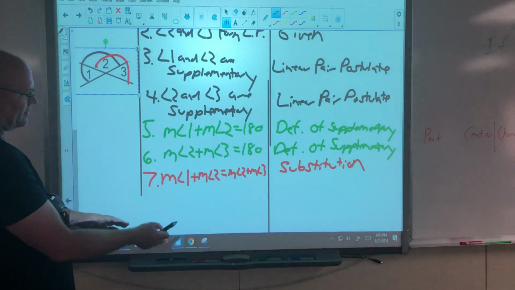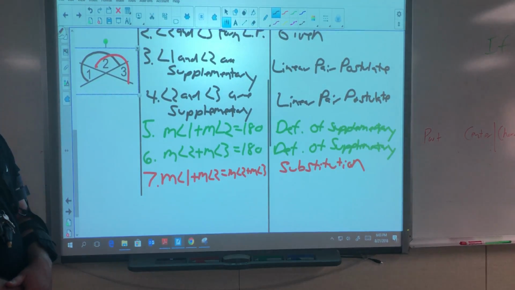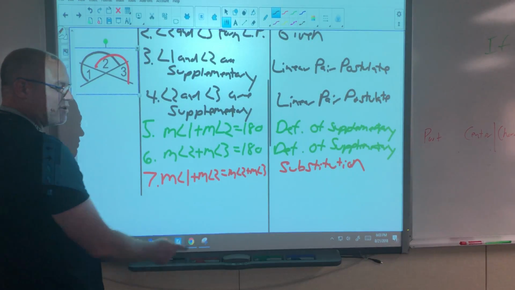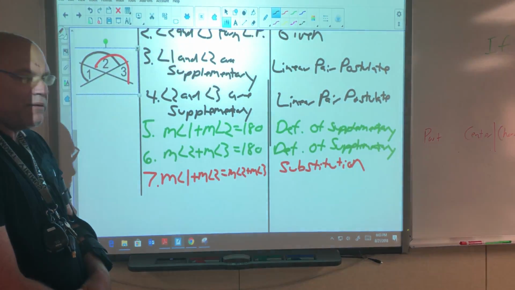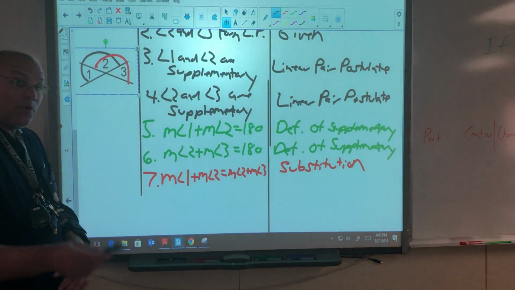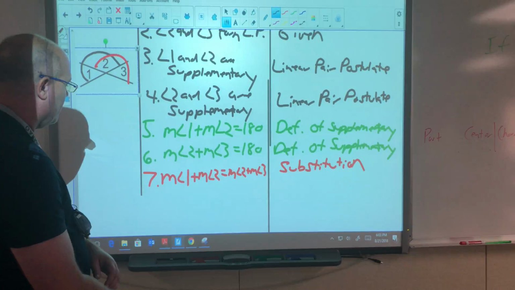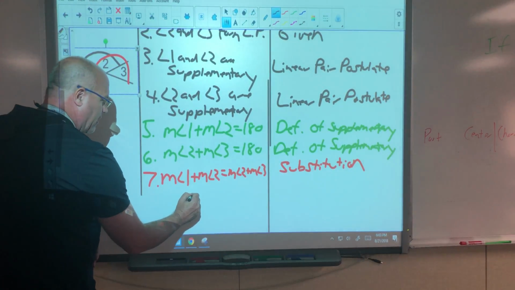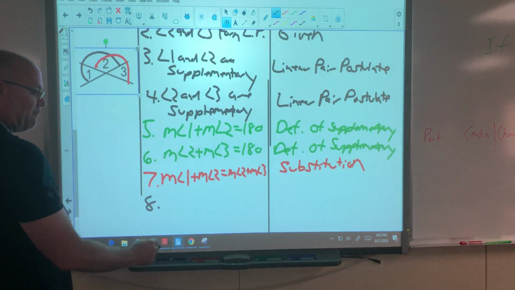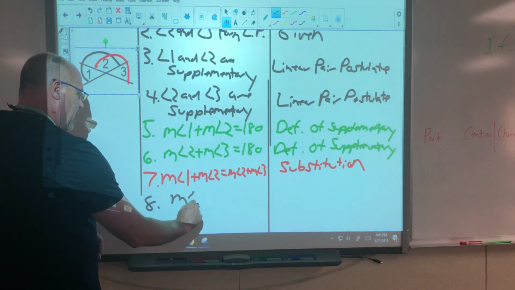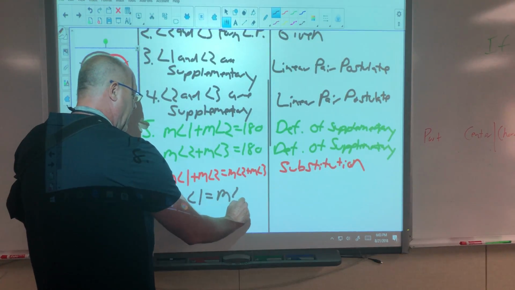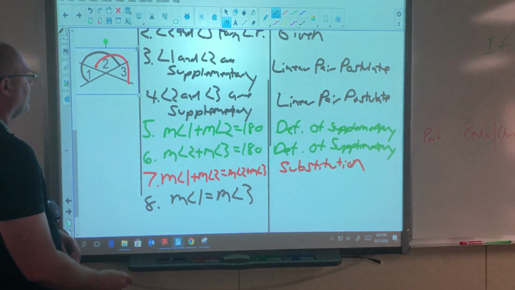Do you see something that's the same on both sides of the equation? We have the measure of angle 2 on the left and the measure of angle 2 on the right. What can we do with that measure? That's right. We can subtract it from both sides using our algebra. If I subtract the measure of angle 2 from both sides, I'm left with the measure of angle 1 equals the measure of angle 3.